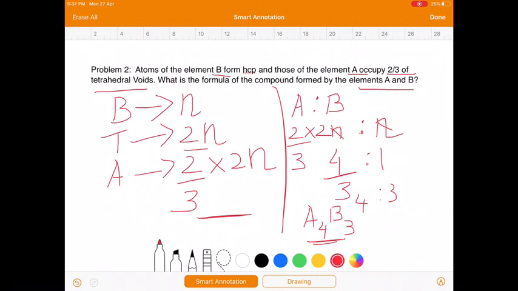Now we take the ratio of the particles A and B. The number of particles of A, 2/3 of 2n, is to n, since B is n. So when we cancel n, we get 4/3. So the ratio will be A4B3. That is the formula of the compound formed by the elements A and B.